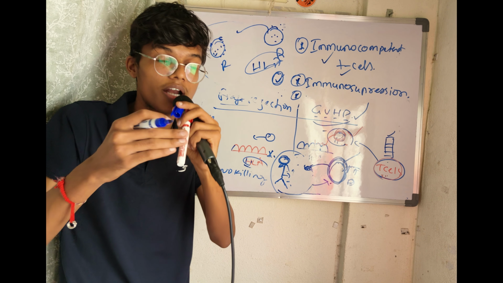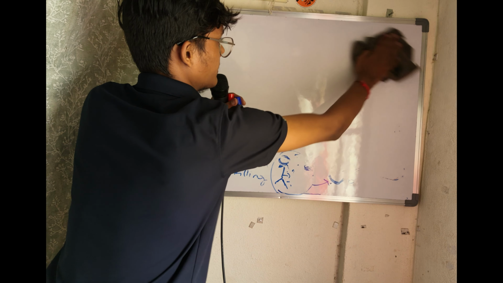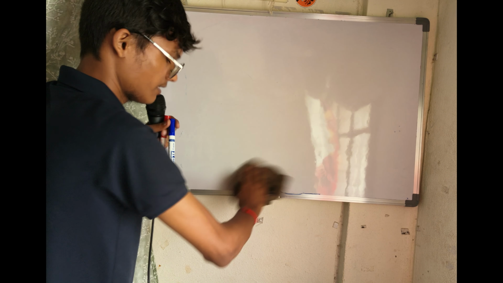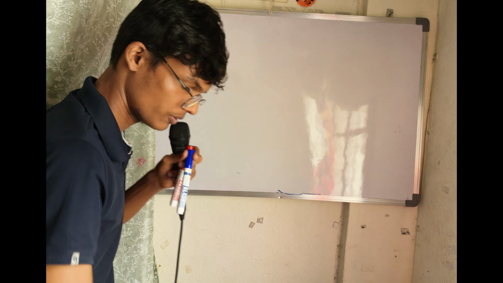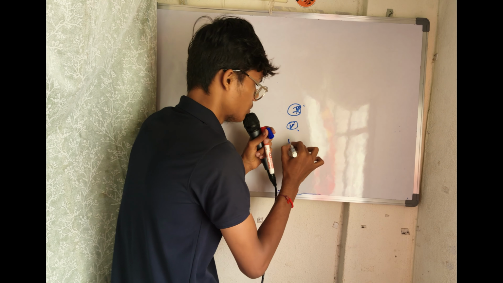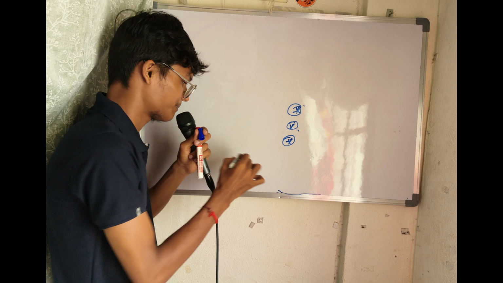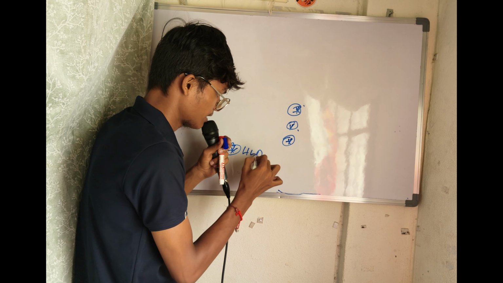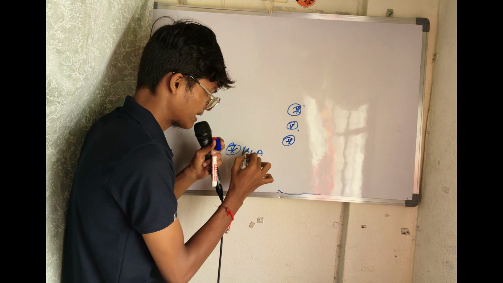Okay, I made it very clear, I think. But see, I will explain some more topics. I have told the conditions wherein GVHD can occur. First, if the transplant contains immunocompetent T cells; second, if the recipient is immunocompromised; and third, if the antigens like HLA which are present in the donor are not present in the recipient's body.